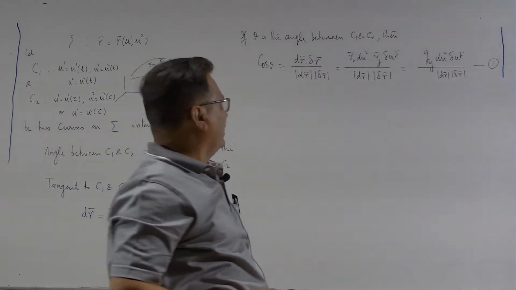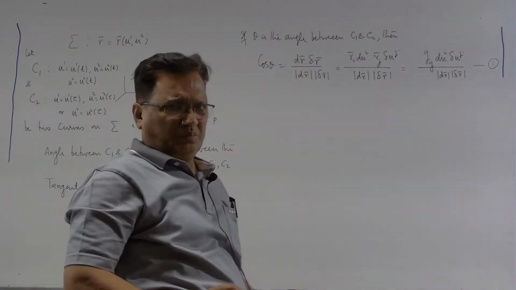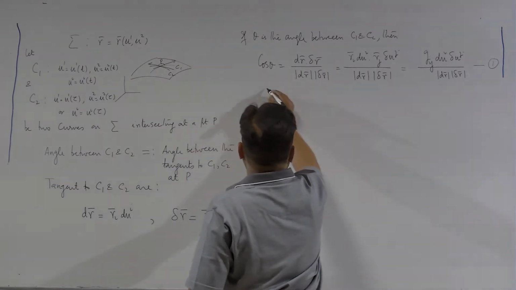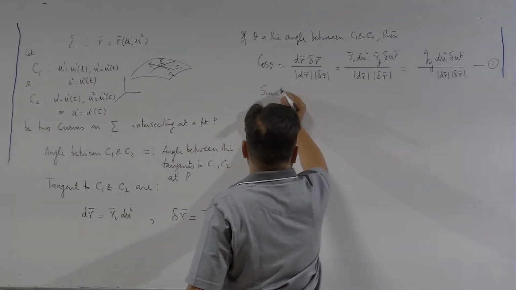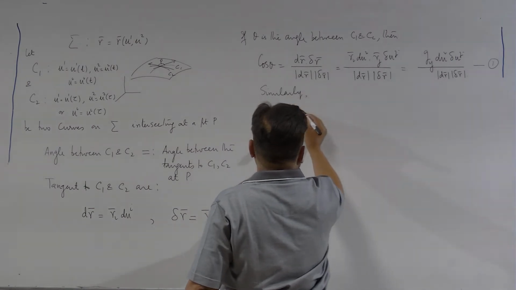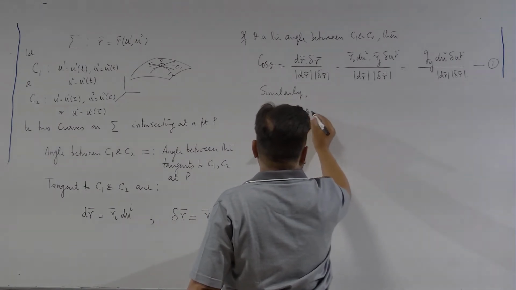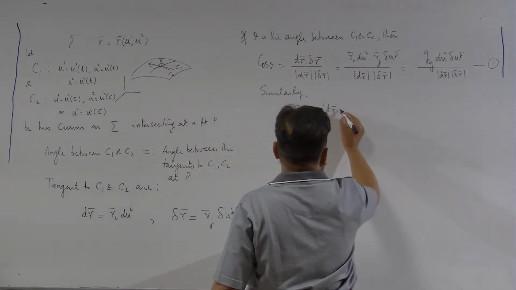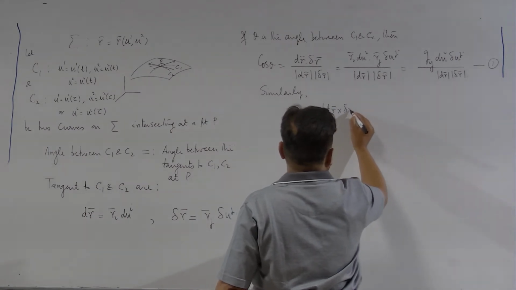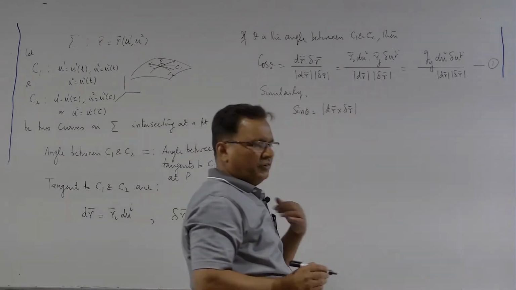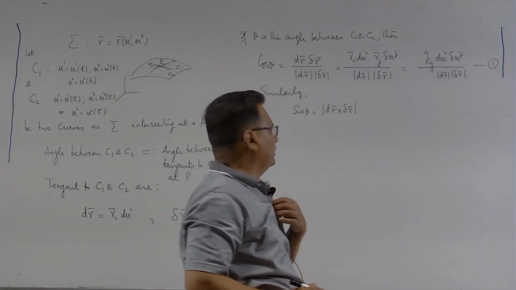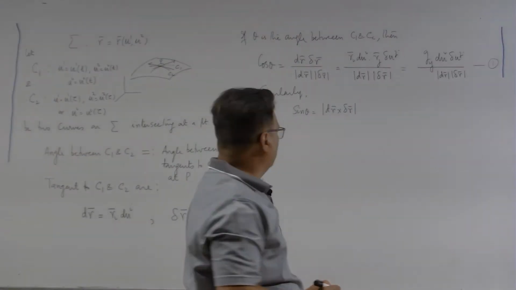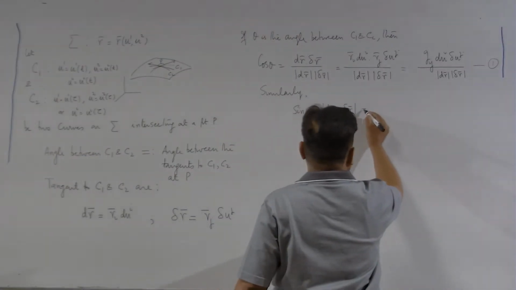Now, one can compute sin theta also. Similarly, I can work out sin theta, that must be equal to modulus of dr cross delta r. If you recall the formula for cross product, you will notice that sin theta must be this, and let us simplify it.